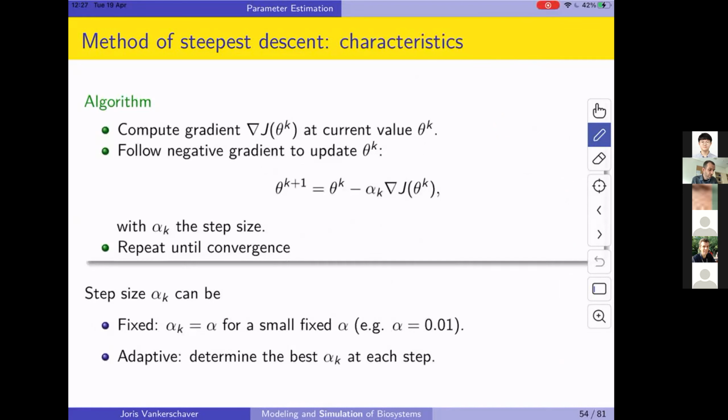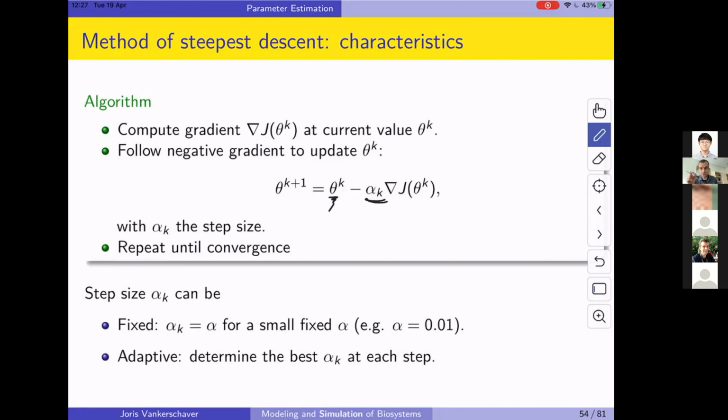And so this gives us the following method, where we start with an initial guess for our parameters, theta k, and then we subtract from that a multiple of the gradient. So minus the gradient again, because we want to decrease the cost function. And this alpha k is going to determine how big of a step we take along the gradient.